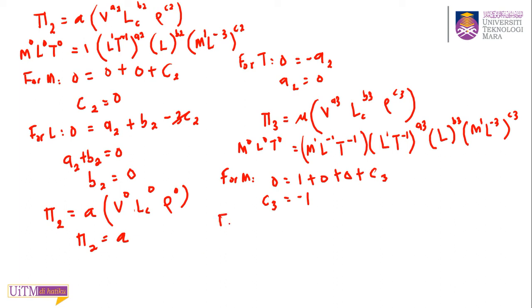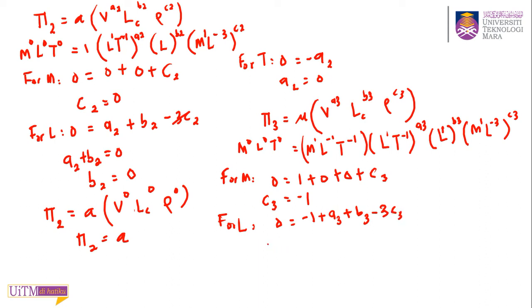And again for L, 0 equals minus 1, and you have A3 plus B3, and we forgot to write the 1 here, and then minus 3 C3.